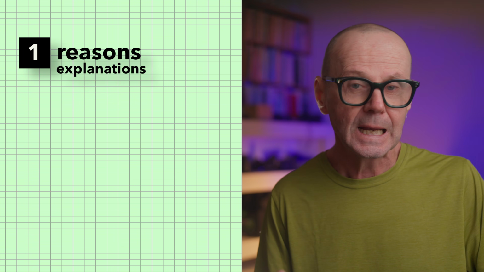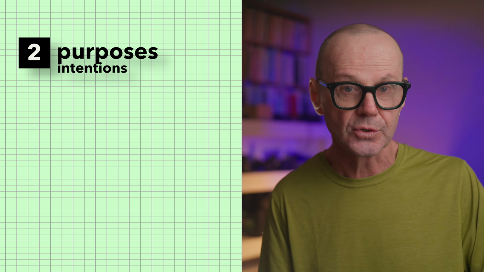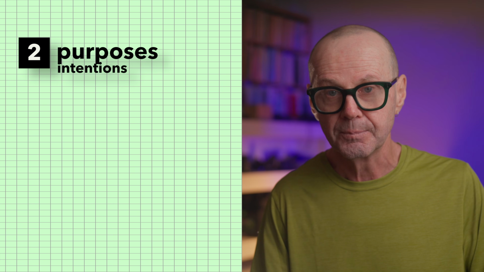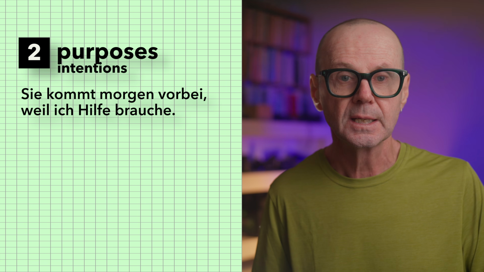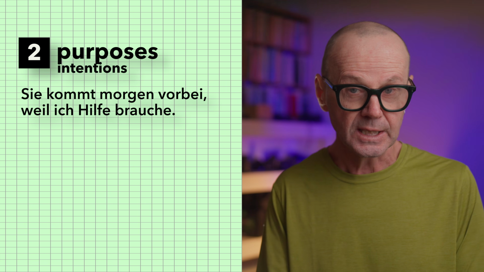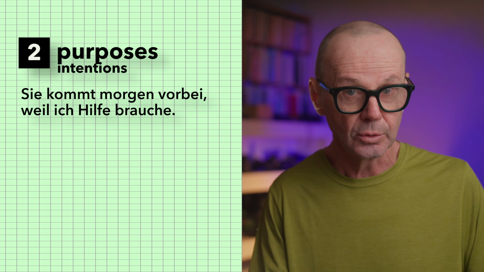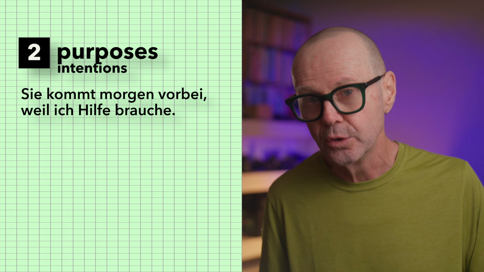We've thought about explanations. Let's think now about our intentions. And to do this, we're going to go back to the sentence that we had earlier. Sie kommt morgen vorbei, weil ich Hilfe brauche. What's the intention here? You might say to me, well, to help me. True, but no, this is a connection that we are making in our own heads.